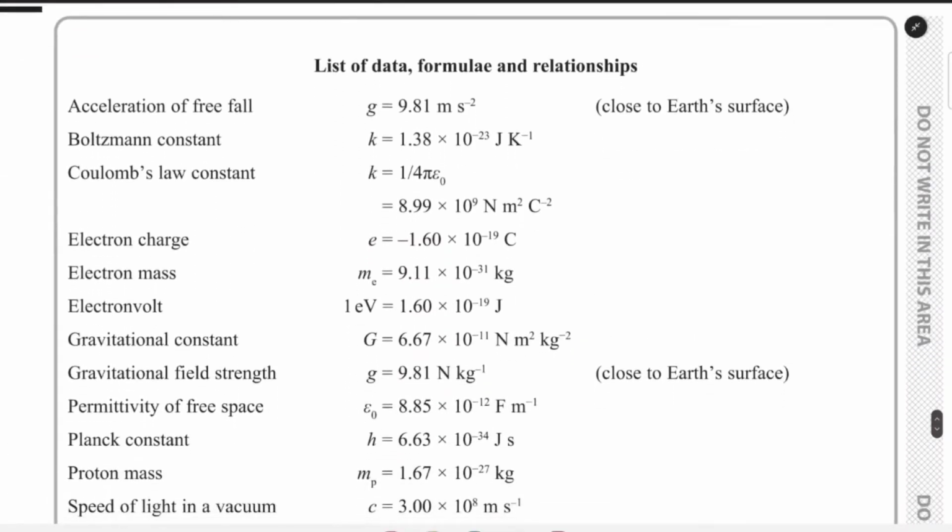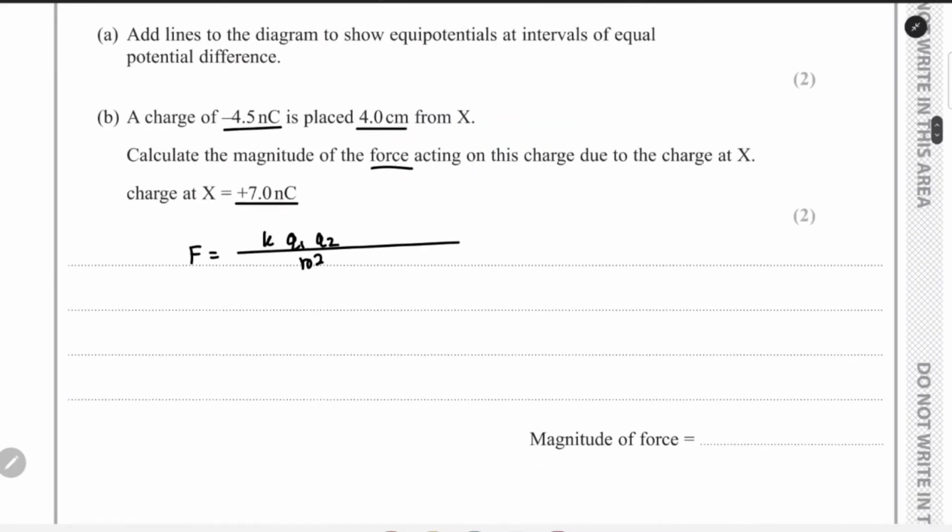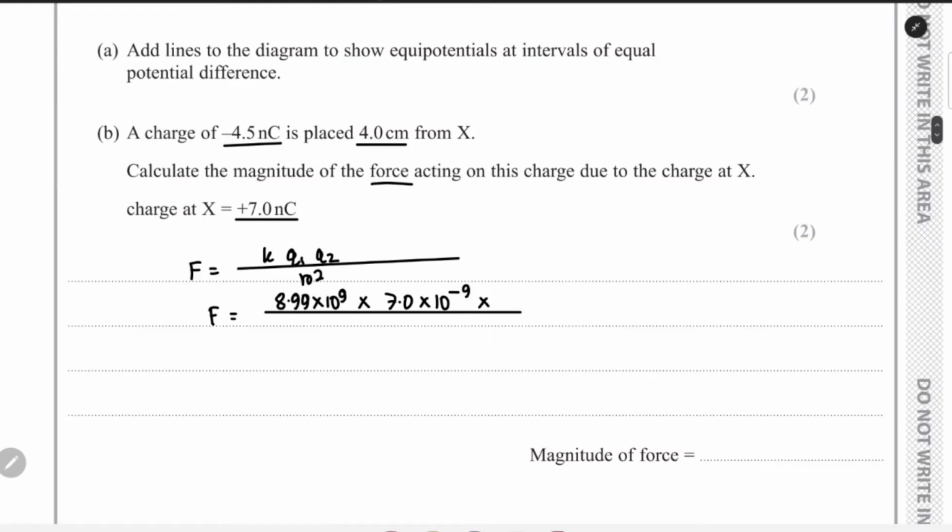Over here, K is the Coulomb's law constant, 8.99 into 10 to the power 9. So the force is K, which is 8.99 into 10 to the power 9 times the charge of X, so 7.0 into 10 to the power minus 9, times the charge of this, which is 4.5 into 10 to the power minus 9 coulombs.